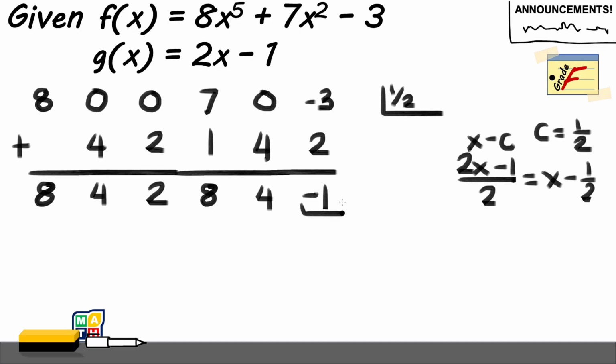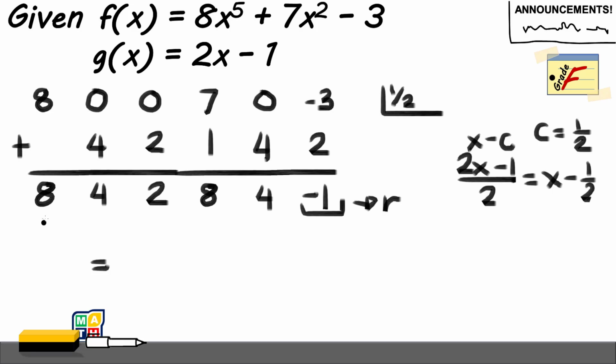This last coefficient is our remainder, and there is something that should be done in representing the result, considering the importance of our remainder, because if you're not going to place that remainder there, the answer is incomplete and therefore it's incorrect. Now, our quotient will use these coefficients aside from our remainder.